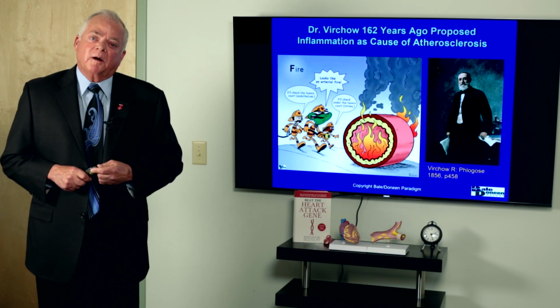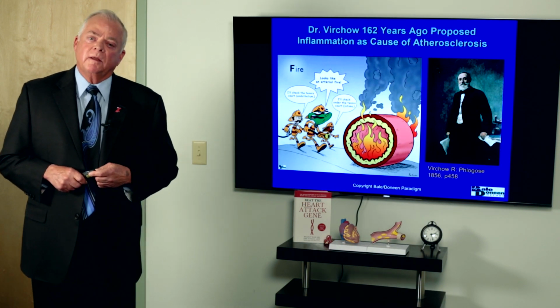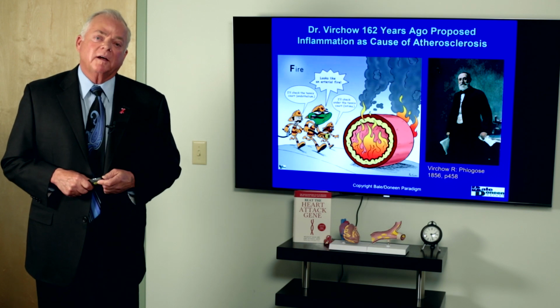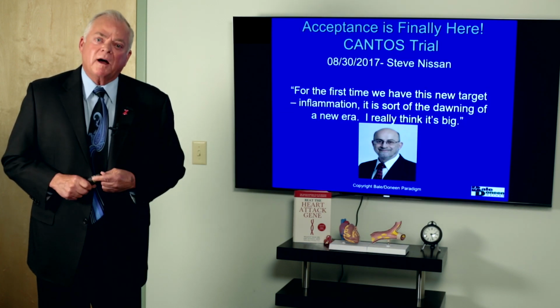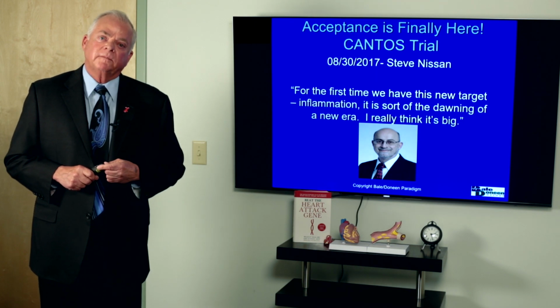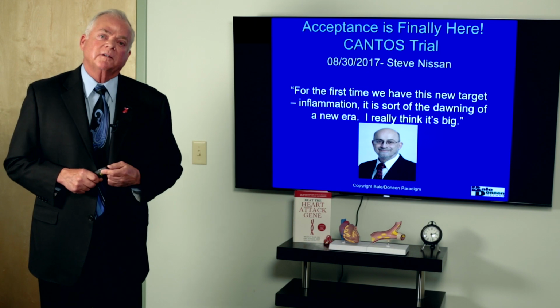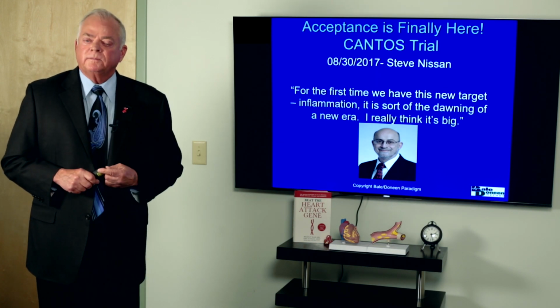And we've based our method on that for over 20 years. We felt the evidence was solid enough, conclusive enough to do that. Some of our colleagues are just now catching on and believing that yes, indeed, inflammation is the cause of arterial disease. Look at the date on this.